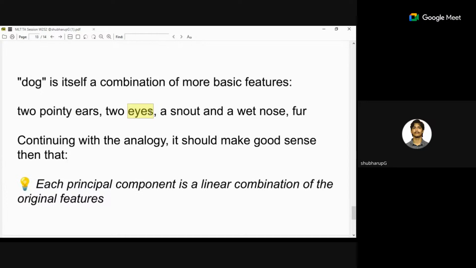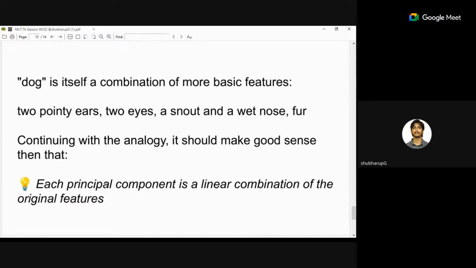But continuing with that analogy, it should then make good sense that each principal component is a linear combination of the original features, right? I think there's a bit of discontinuity here, but just take this as a fact for now, that each principal component has a direction.